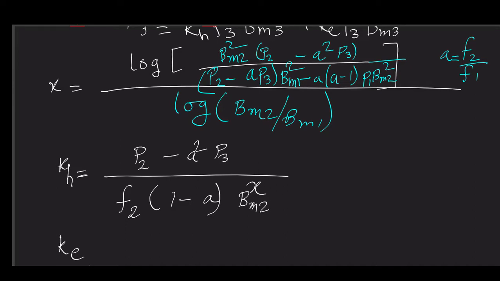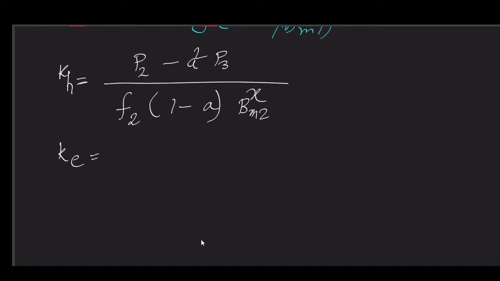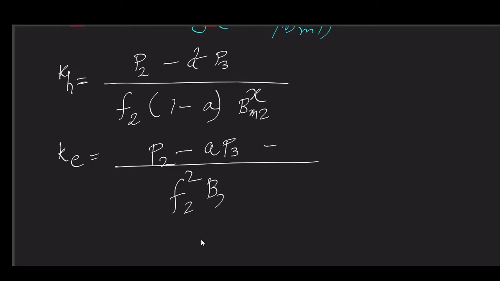And KE is equal to p2 minus ap3 over f2 square Bm2 square into a by a minus 1.